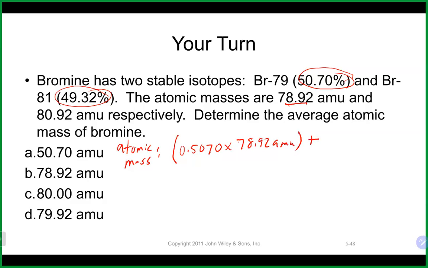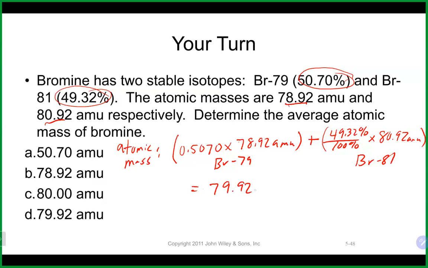Again, we're going to add it to our second isotope. So this represents bromine-79. Again, if you don't want to move the decimal, you could just divide that by 100% and it will do it for you. And then you times it by the atomic mass of that one, 80.92 AMU. And that would represent our bromine-81.